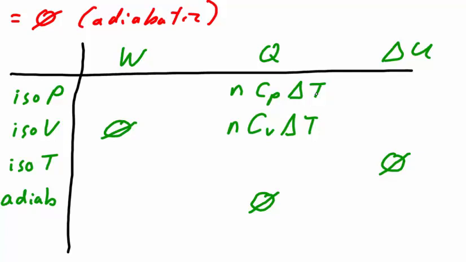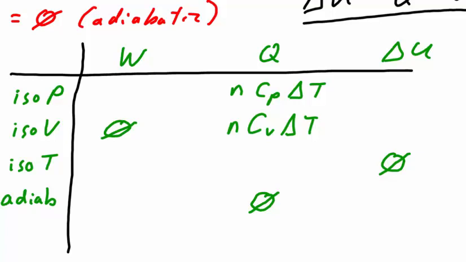Any time in this table that we ever get 2 out of the 3 columns filled in, we immediately know the third column by applying the first law of thermodynamics. Since delta U equals Q minus W, if we ever have 2 out of the 3 of these, we can immediately calculate the third.